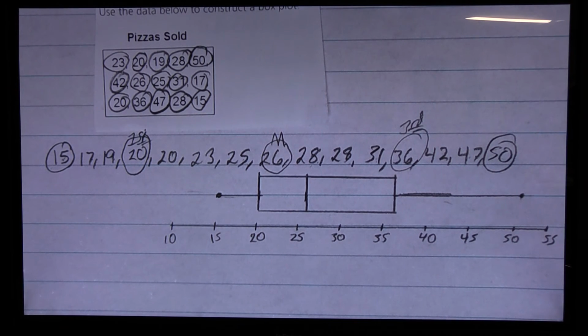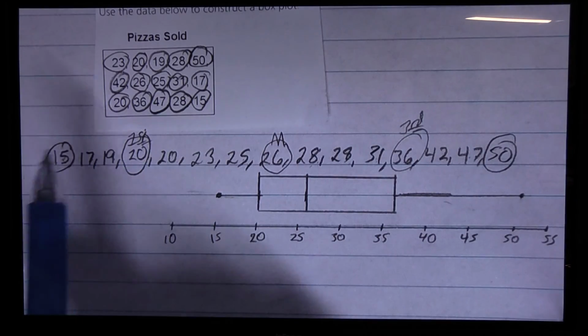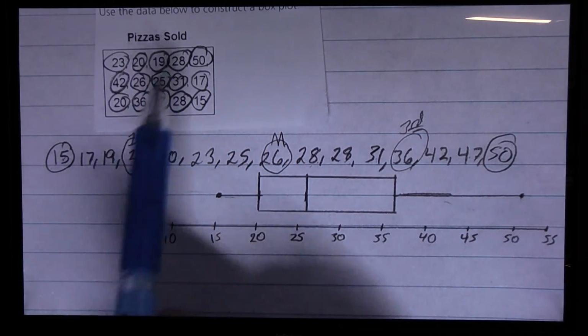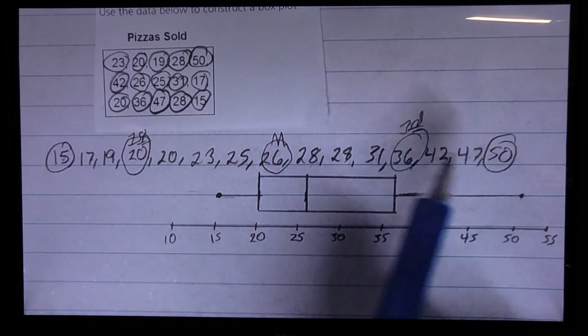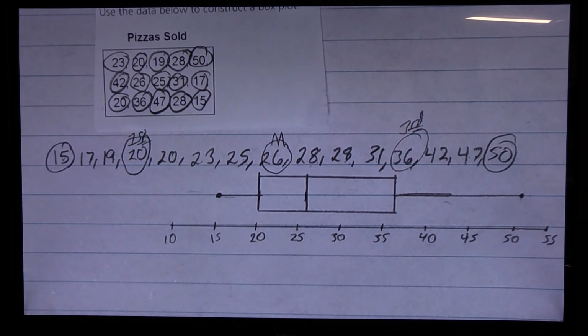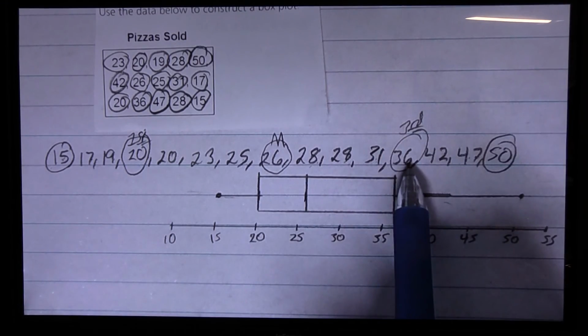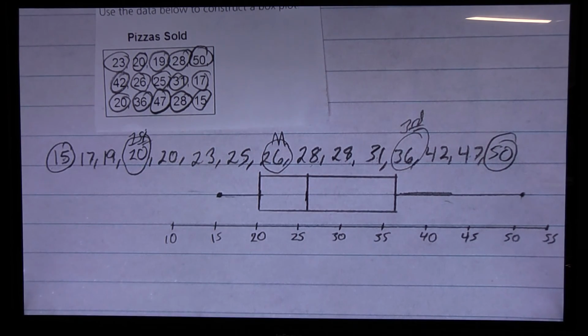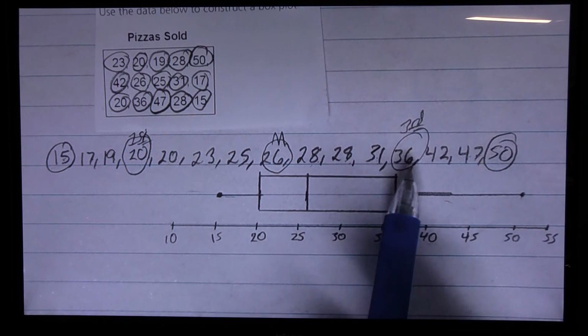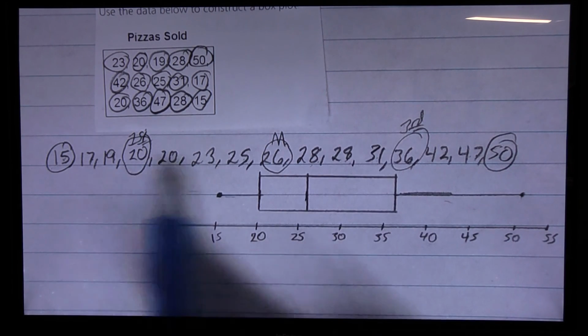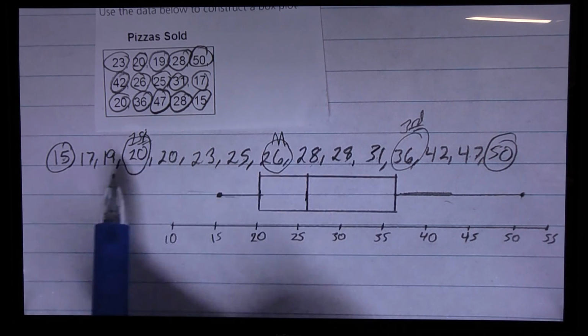In order to find a range of data, like if I wanted to find the data range of just the pizzas sold, I could say 50 take away 15 gives me 35. 35 would be the range of the entire data set. But if I wanted the interquartile range, I would have to say 36 take away 20 gives me 16. That would be the interquartile range because I'm finding the range that goes from one quartile to another. So it would be 16 here.